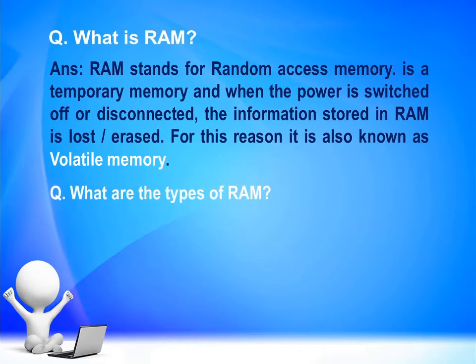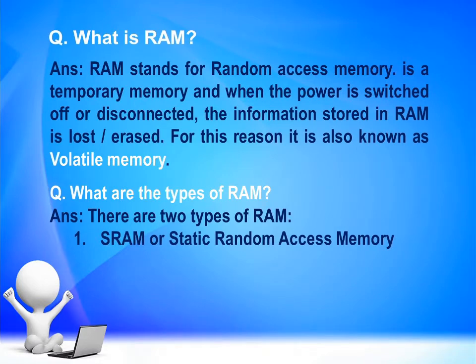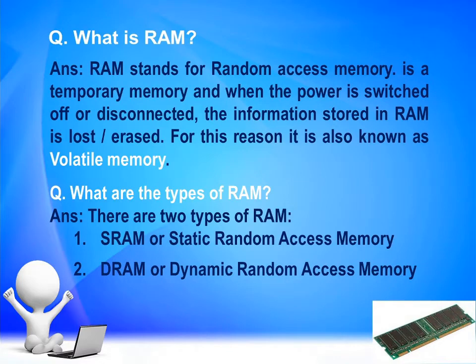Next, what are the types of RAM? There are two types of RAM: SRAM or Static Random Access Memory, and DRAM or Dynamic Random Access Memory. Here is an image of RAM.